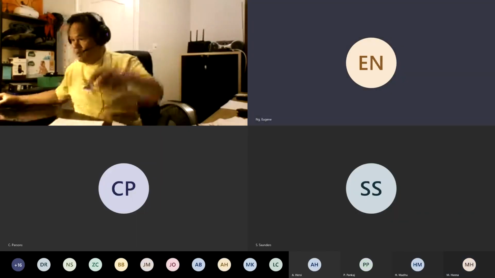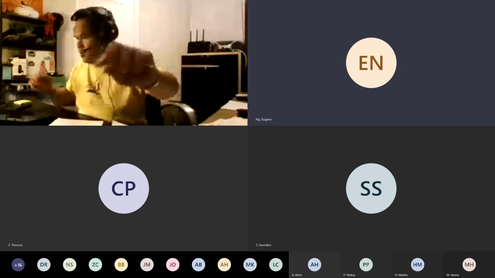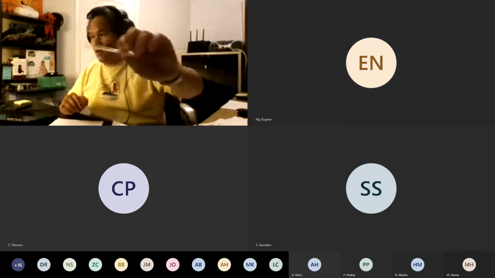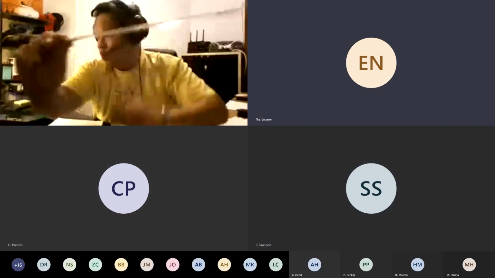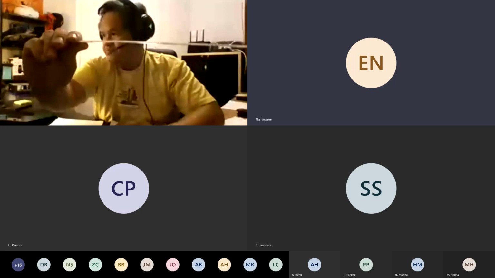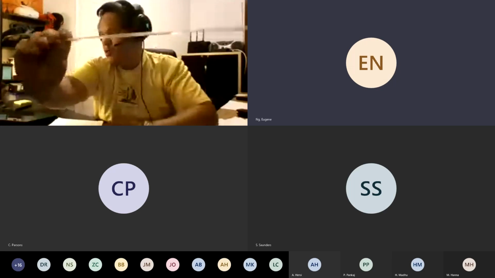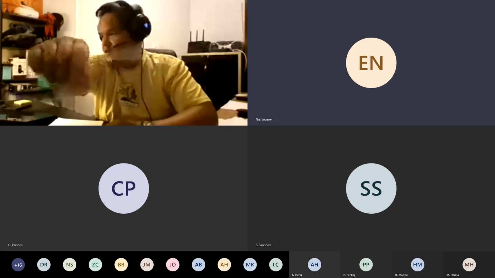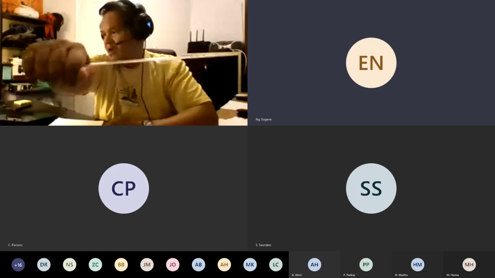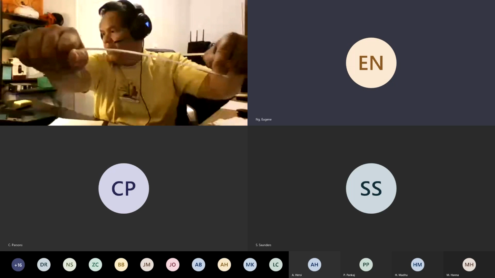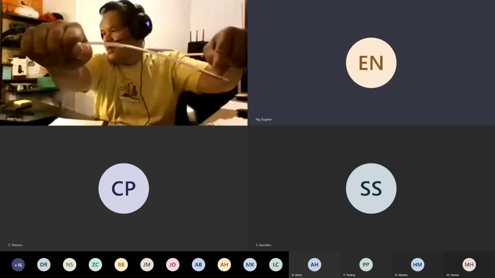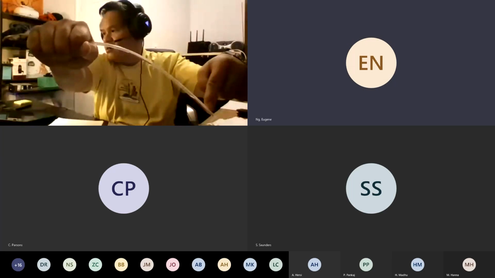Can you all see me on the screen? Yes or no? Okay, so you can watch where my hand is holding the ruler. This is the cantilever end. Then I push my finger on the other side, downwards. Can you see that?